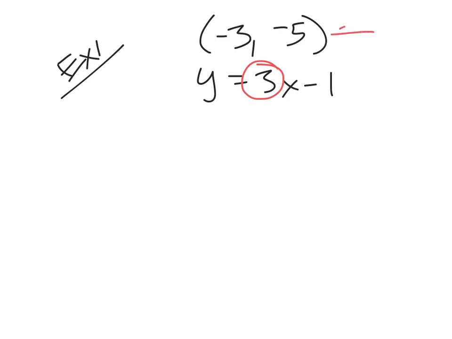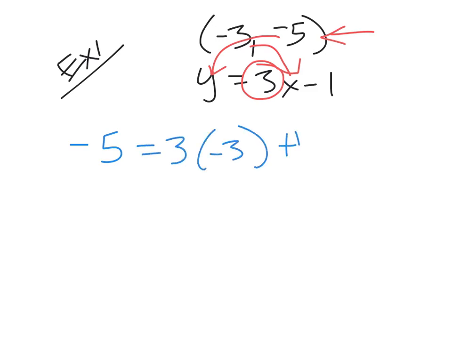After that, I'm going to use this point to find the new y-intercept, because I'm going to plug the -3 where the x is, and the -5 where the y is. So I'm going to say -5 equals 3 times -3 plus b. So we can find our new y-intercept. What's 3 times -3?